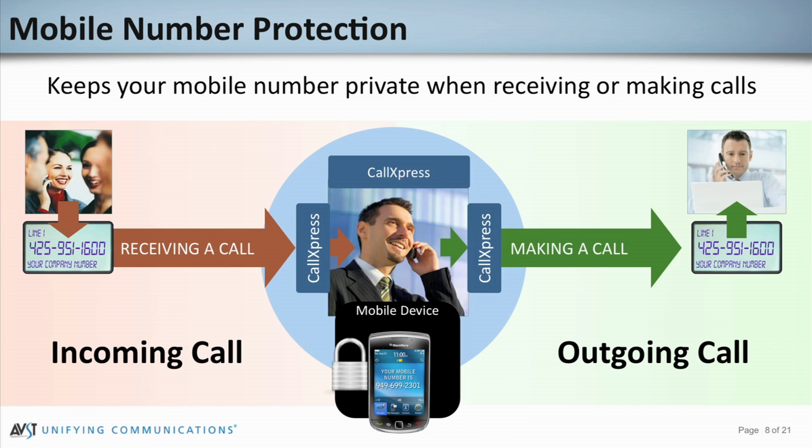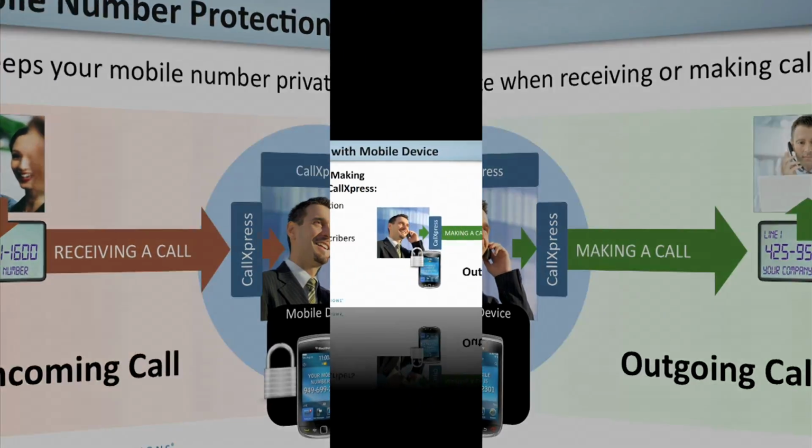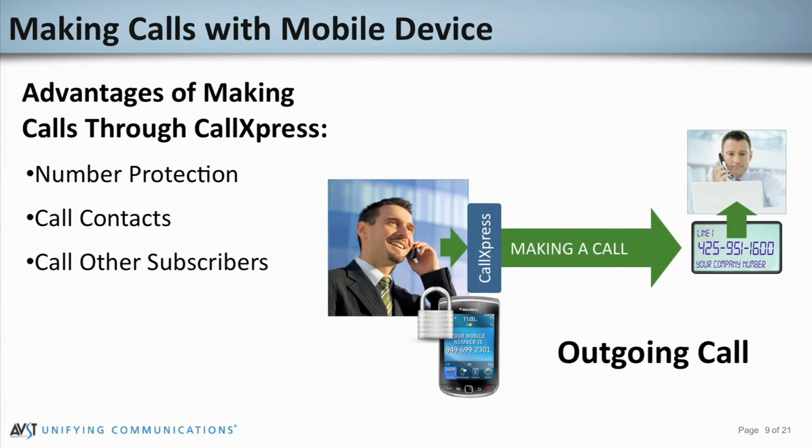And that's the first part of mobile number protection: we give the customer one number and then we give the user control of how that number is treated. The second and equally important part of mobile number protection is taking a call when it's made and putting in place of your mobile number that single number that you're publishing.